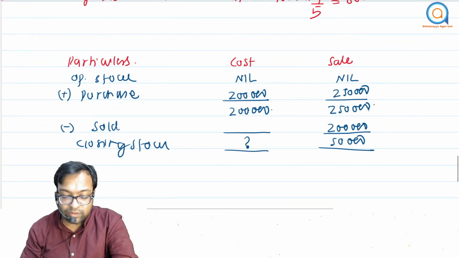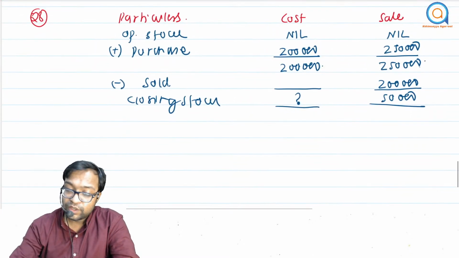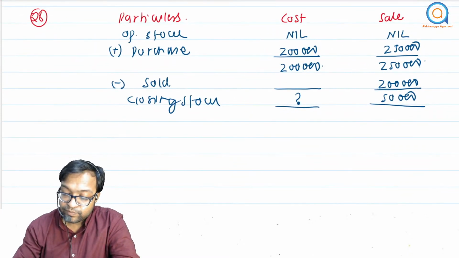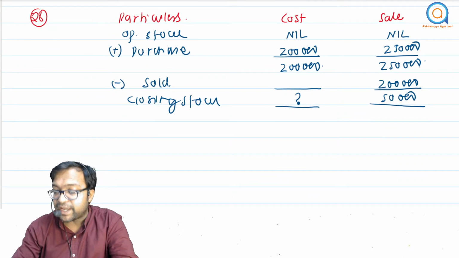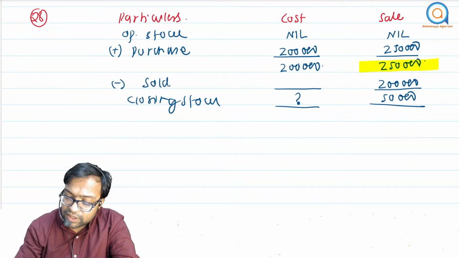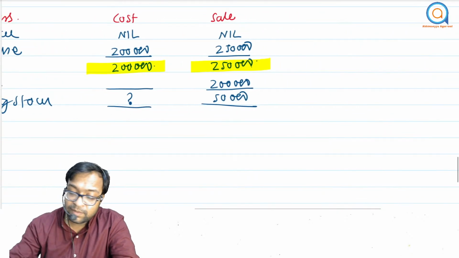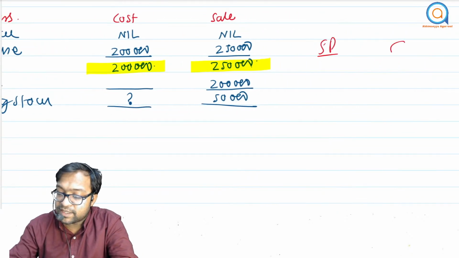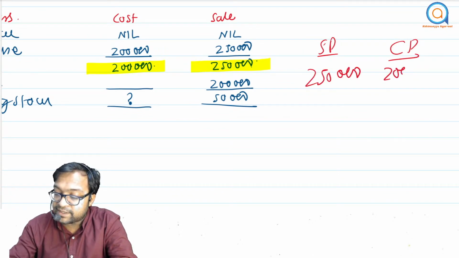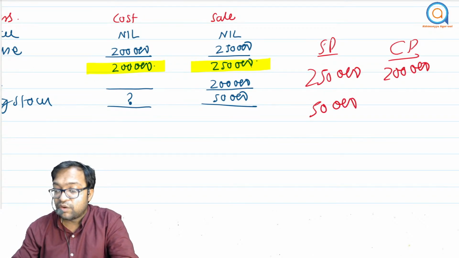So now I think you can understand. Let me tell you. Goods whose selling price is 2 lakh 50, the cost of these goods is 2 lakh. Are you getting my point? Selling price, cost price. Goods whose selling price is 250, the cost price is 2 lakh. So for goods whose selling price is 50,000, our closing stock, what is the cost price?